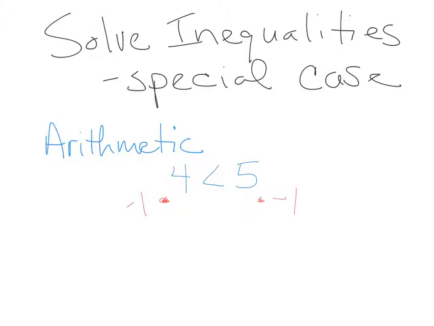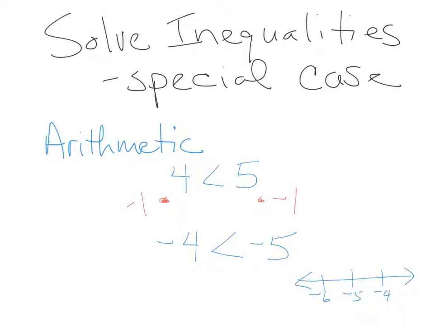That is a legal move because an inequality kind of operates like an equation, and to balance an equation, you do the same thing to both sides. So this is a legal math thing to do. When I do that, I get -4 is less than -5. Here's the problem. If you recall, on a number line, negative numbers are kind of backwards.